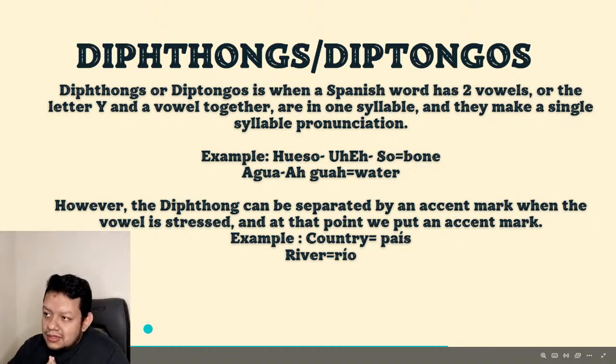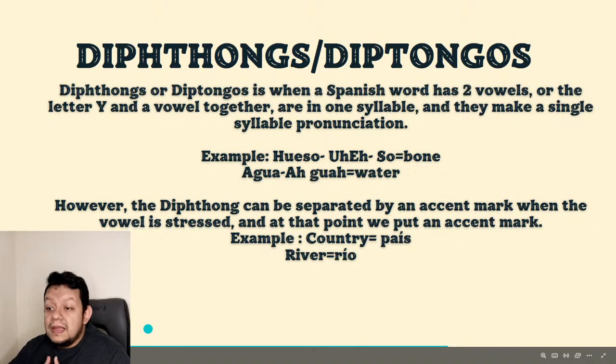Now, diptongos can be separated by an accent mark. If a word is stressing a specific vowel, that is when we write an accent. So a diphthong can be separated by an accent mark when the vowel is stressed, and at that point, we put an accent mark. In this case, like país, country, we would put an accent mark on the I, país.